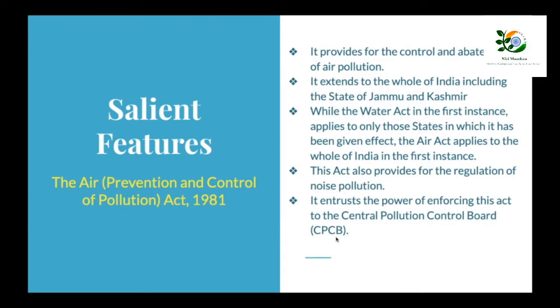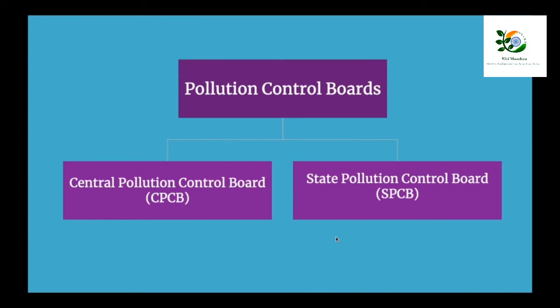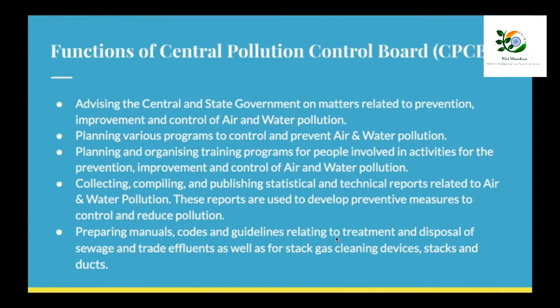So now, moving on to the distribution of pollution control boards. We have one Central Pollution Control Board and other State Pollution Control Boards established in the various states. Now, what are the functions of the Central Pollution Control Board, or CPCB?